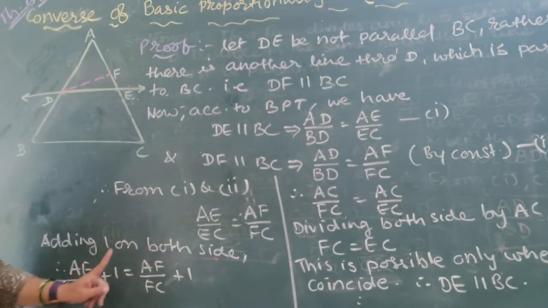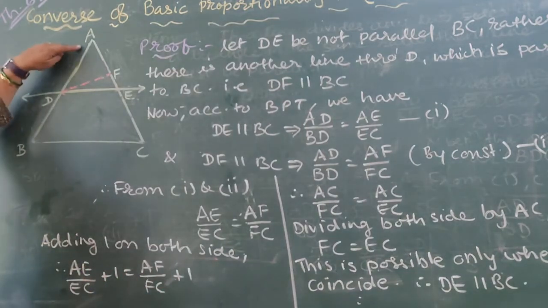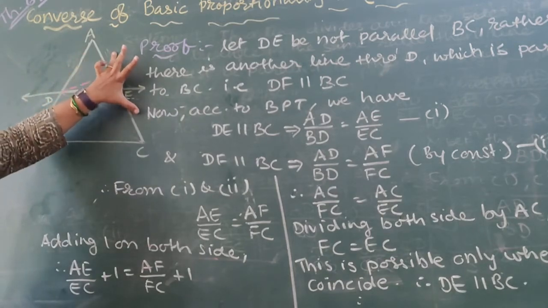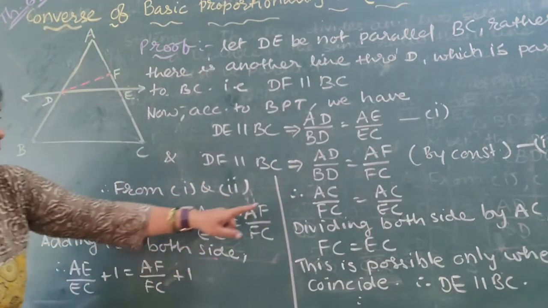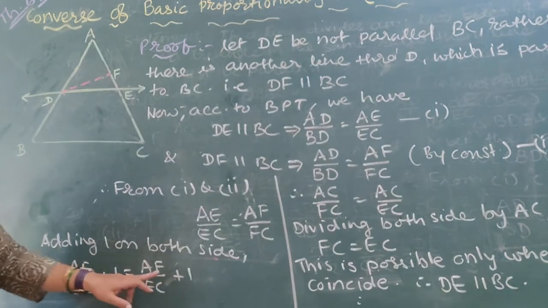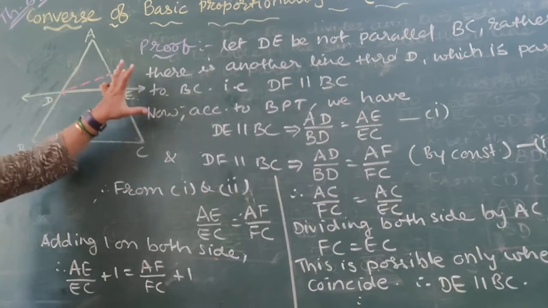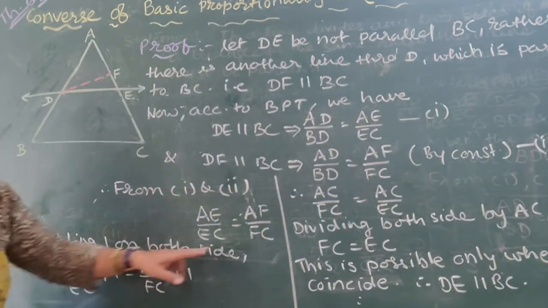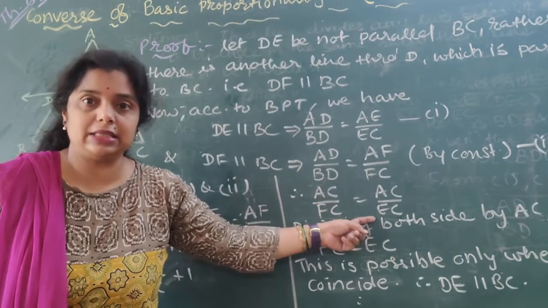Now adding 1 on both sides, and after taking LCM, AE plus EC, what will you get? It is AC, and FC is as it is. Then if we add AF plus FC, again we get AC, and EC as it is. So AC by FC is equal to AC by EC.